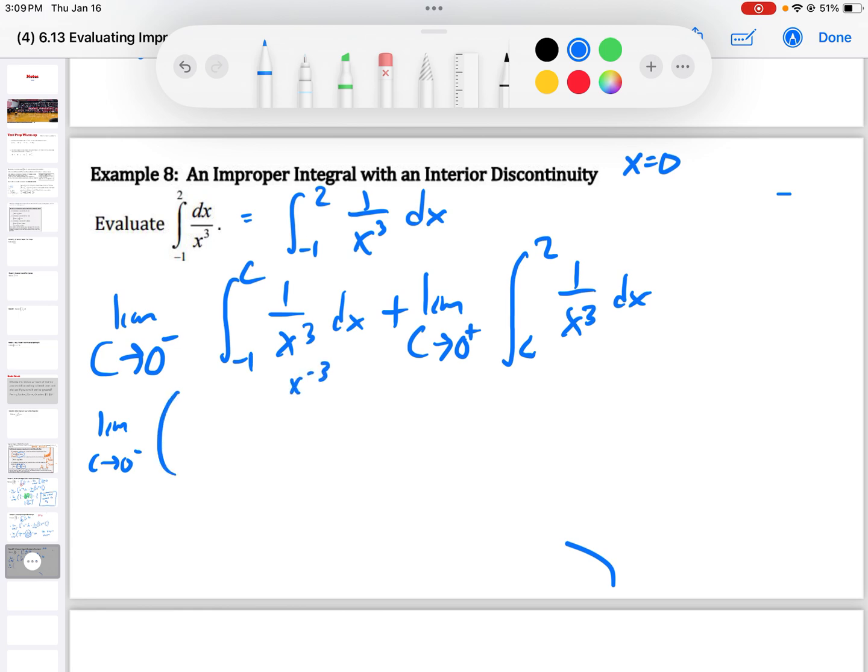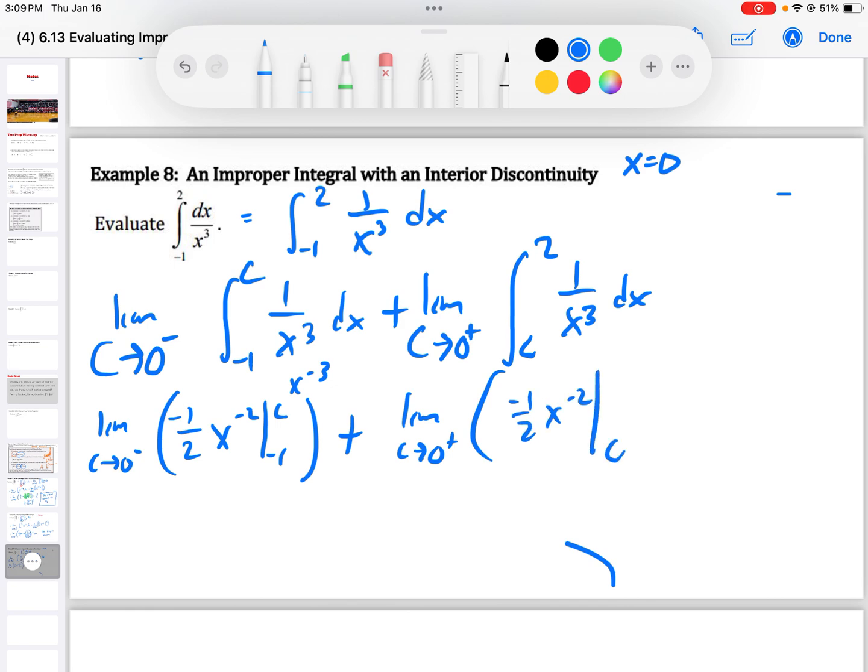I'm going to write this as x to the negative 3. So add 1 to the exponent, negative 2. So negative 1 over 2x squared from negative 1 to C. I'm going to add that to the limit as C approaches 0 from the right, the same thing, to 2. And then we've got to see what we get.